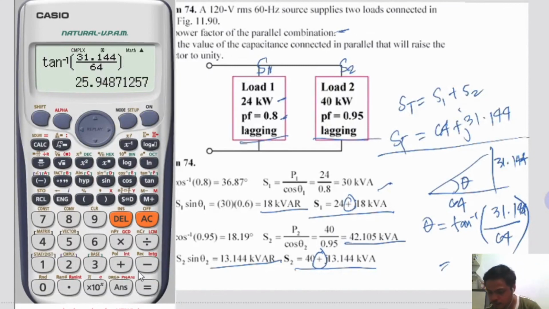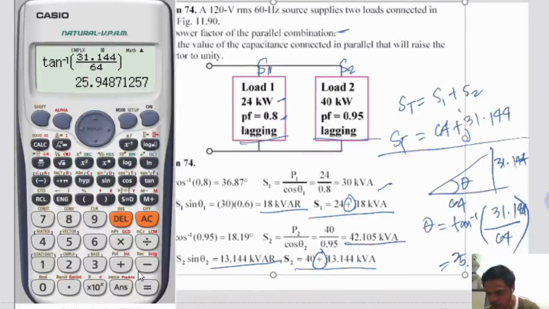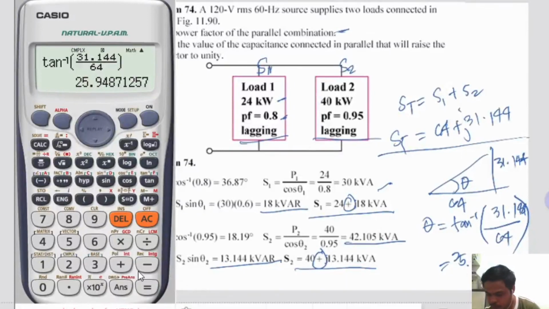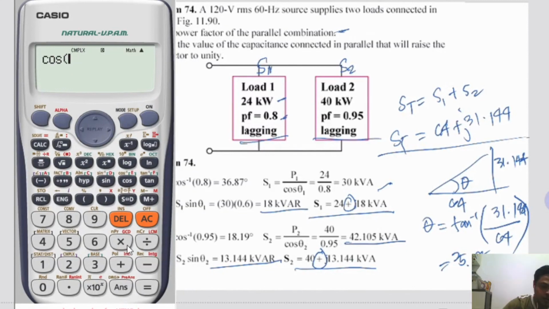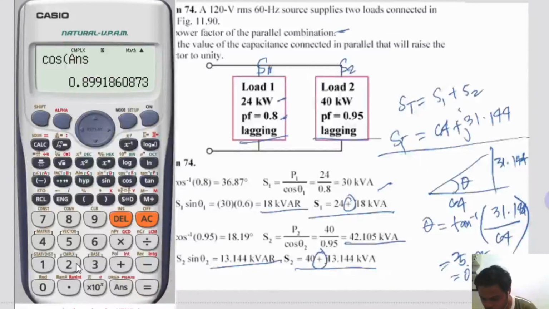So theta here is 25.95 degrees. The cosine of that, the answer is 0.899. This is your power factor.